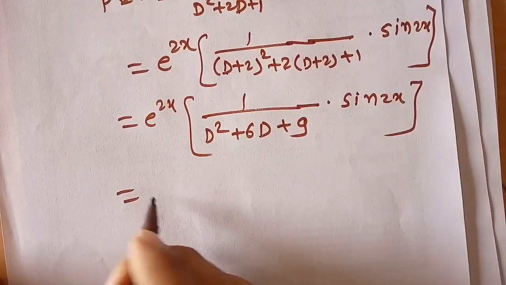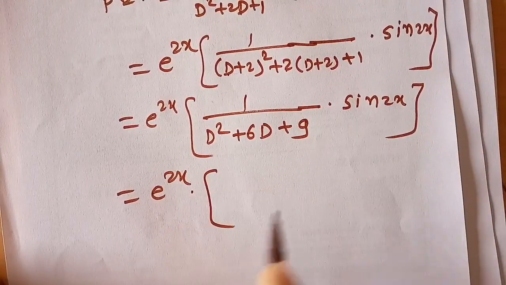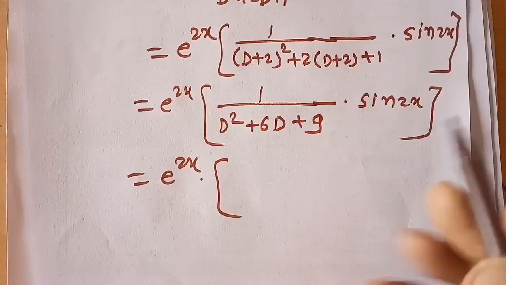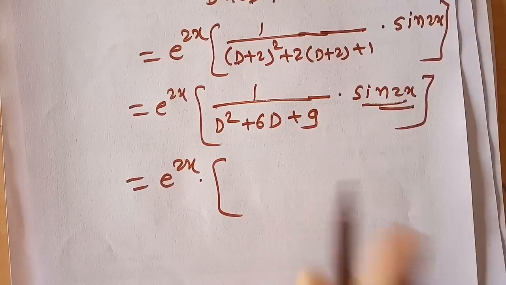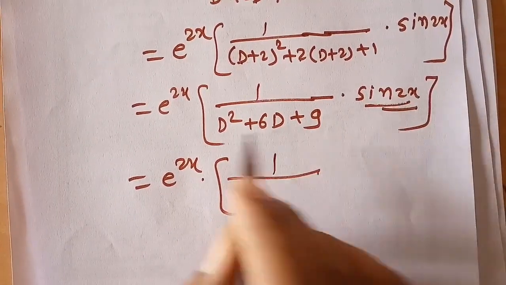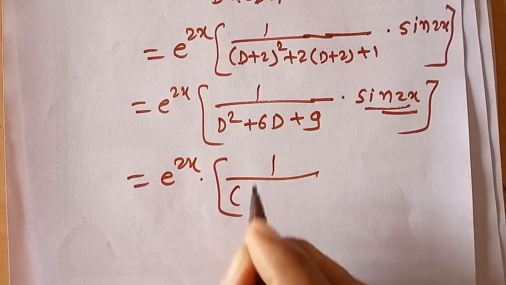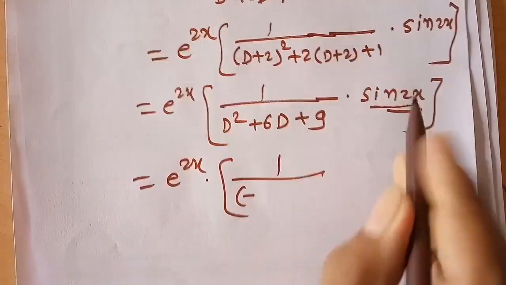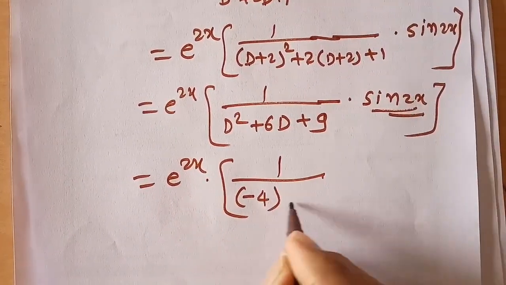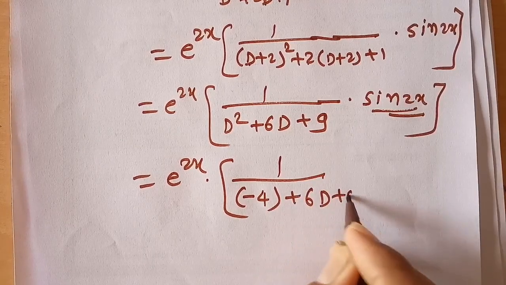This is nothing but e^(2x) into, now again I will apply the shortcut method. If our function is sine, then we replace D² by minus a². Here a² is 4, so I will write directly 4 plus 6D plus 9.